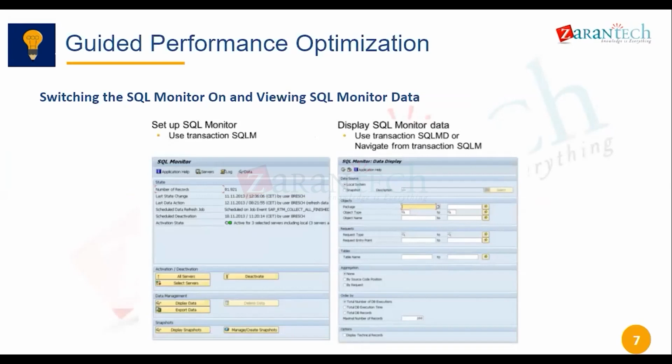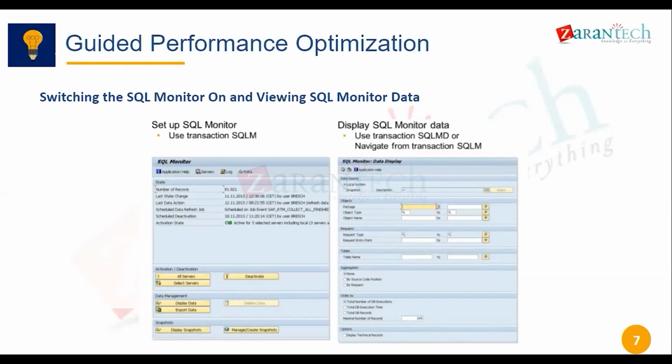Once you are set to take the snapshot, only then go to the T-code SQLM and switch on this monitor. Once everything is done, you can simply switch it off. I will also show you how to take the snapshot, export it, and import it in development, everything on the system in the coming sessions.